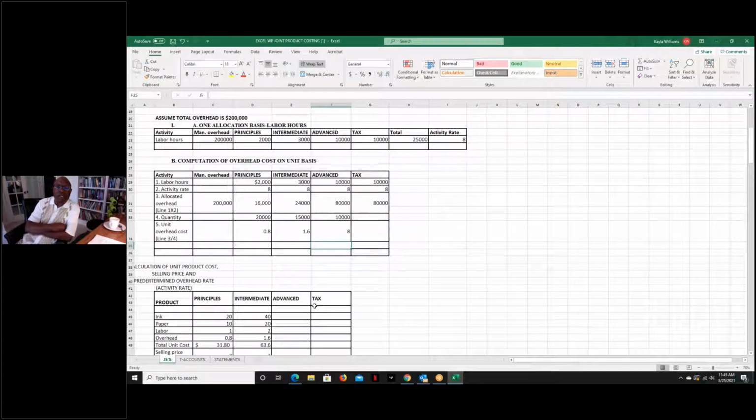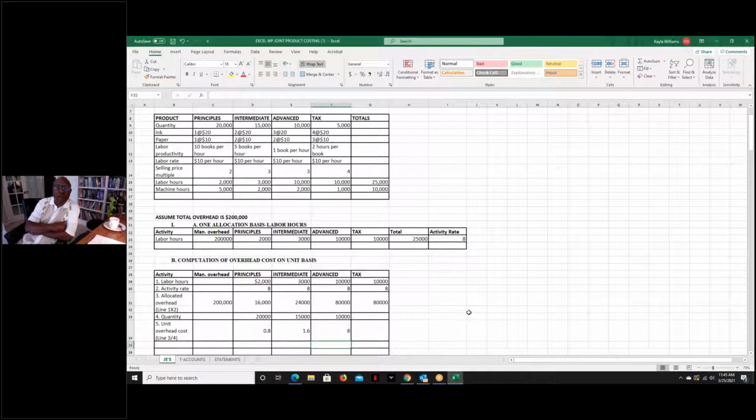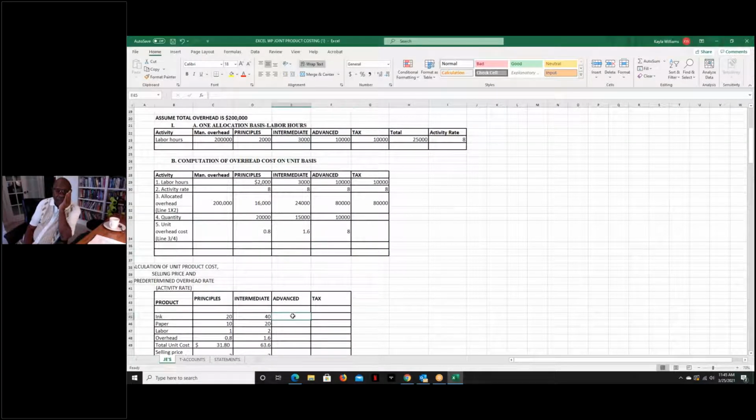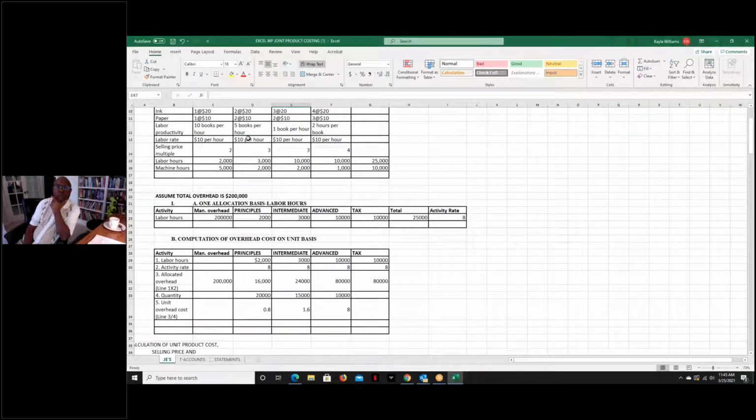And then it looks like the ink is 60 and the paper is 20. And the labor, they got 1 book per hour, $10 an hour, so that's 10.